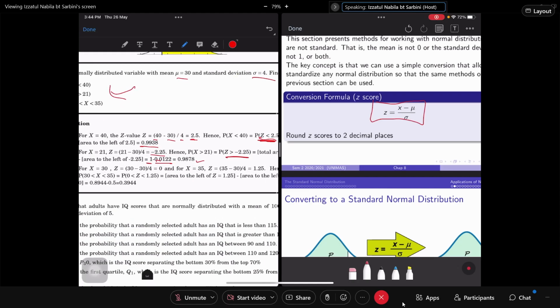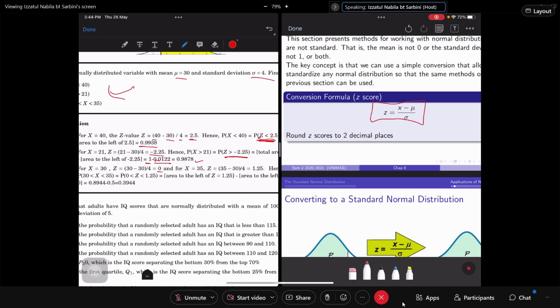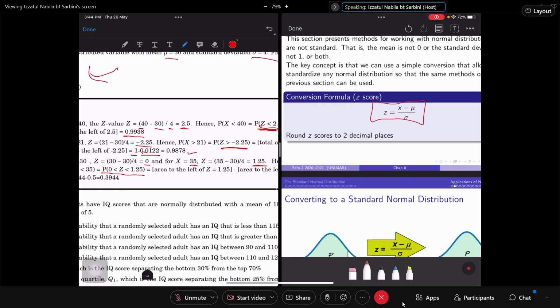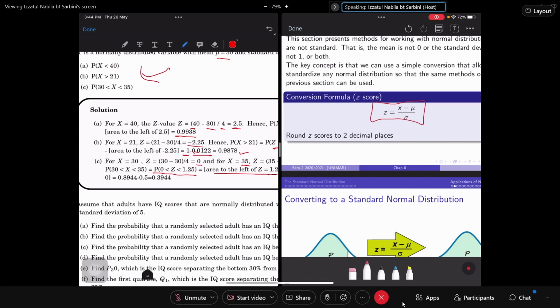And for question C, in between 30 and 35, you can kira Z for both sides, 30 and 35. For 30, your Z is equal to 0. For 35, your Z is equal to 1.25. So you want to find this value actually, the probability of 0 to 1.25. Which means that you have to minus the area of Z equals 1.25 with the area of Z equals 0.